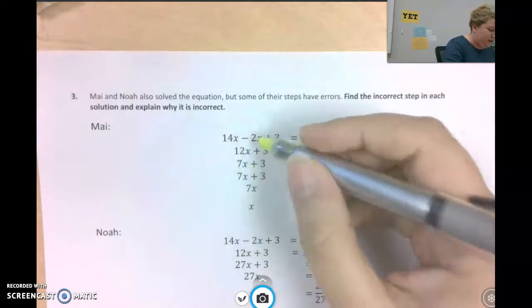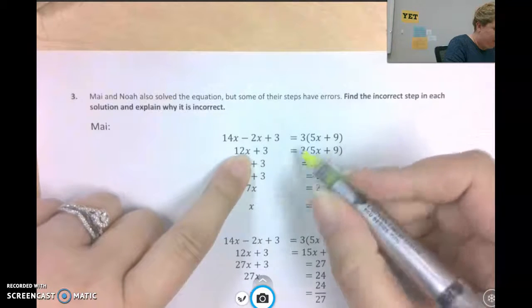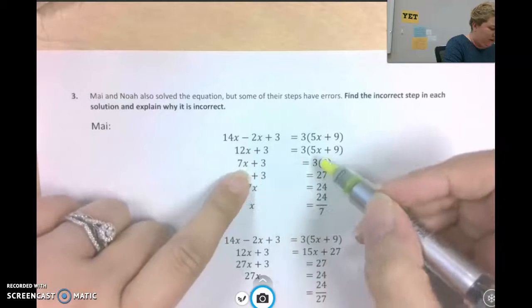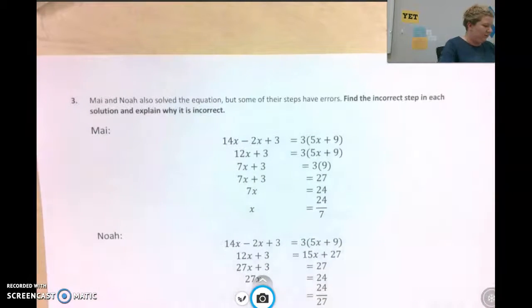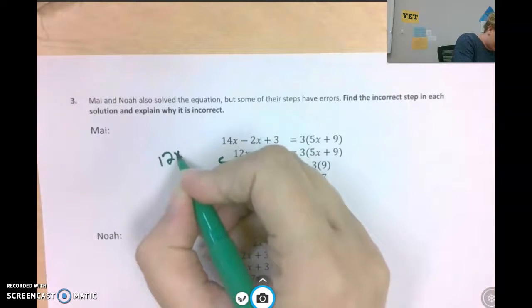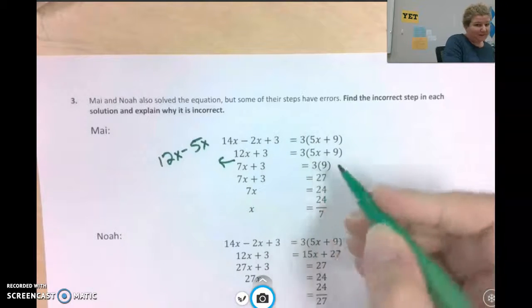Okay, so we're good with the 12. 3, that's all good. Now here, they ended up with 7x. So I'm thinking that came from 12x minus 5x. Okay, this is not 5x.